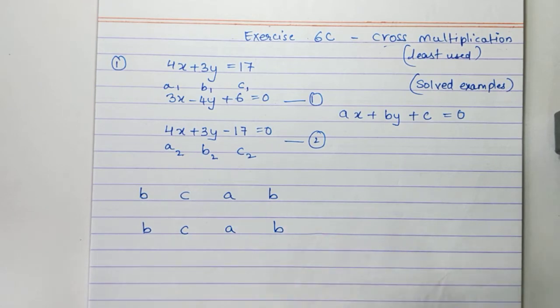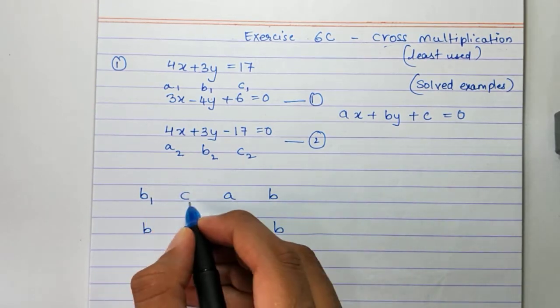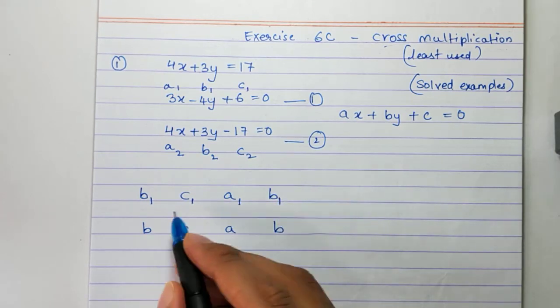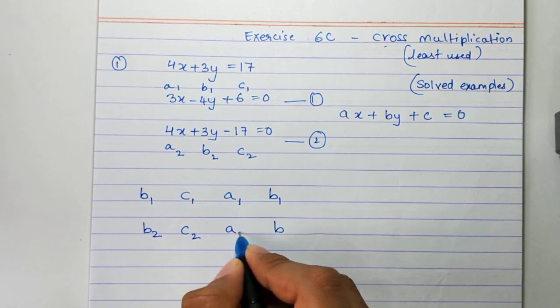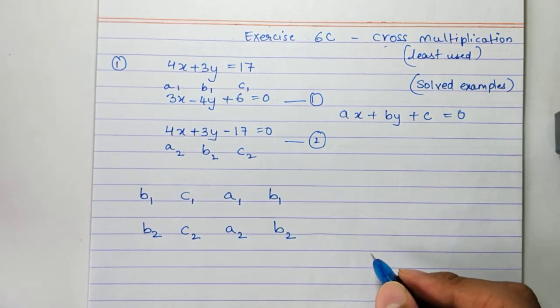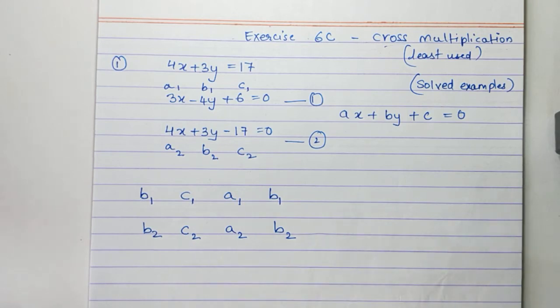You will have to learn this. Write it twice. The first one you'll have 1 because it is for the first equation, and the second is for the second equation. So b1, c1, a1, b1, b2, c2, a2, b2.